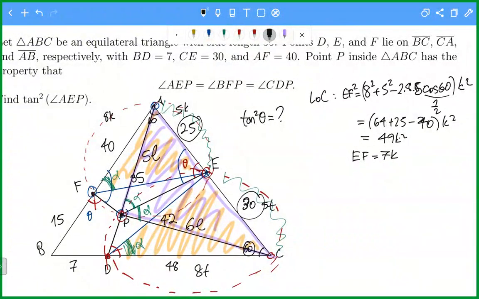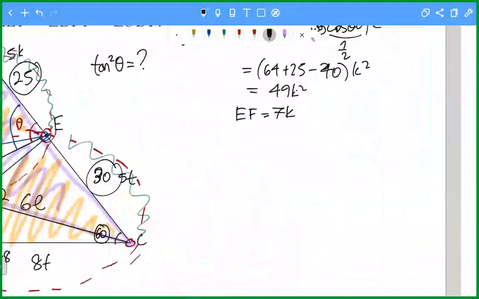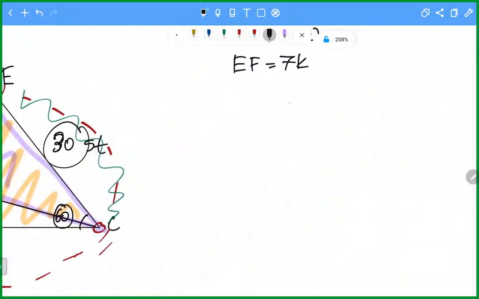We have a couple of things to work with, but I would like to lay out my next strategy. I'm going to draw the triangle APC separately, and I'm going to tell you what steps we're going to use to find tan squared theta. So first, let me draw a separate triangle here.